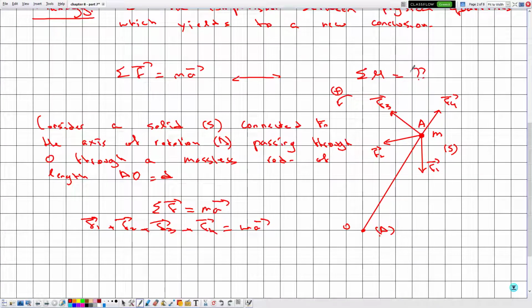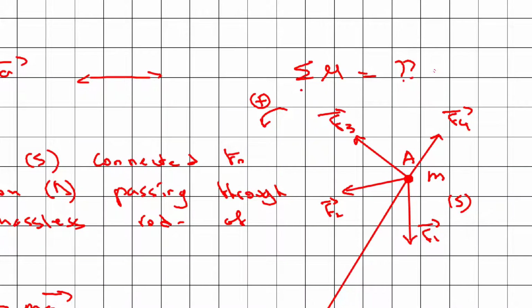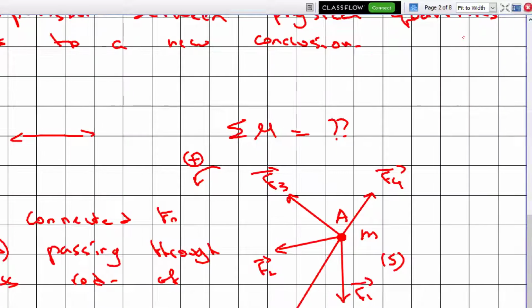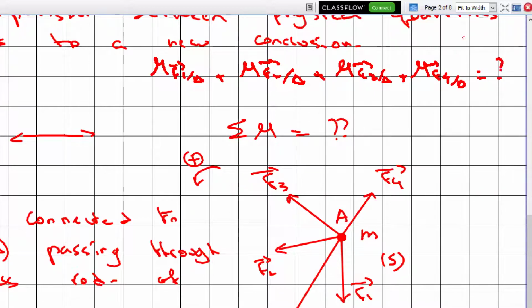Because this is related to the tangential direction, and it will split into the following form: the moment of the force F1 over delta plus the moment of F2 over delta plus the moment of F3 over delta plus the moment of F4 over delta is equal to something that we don't know.